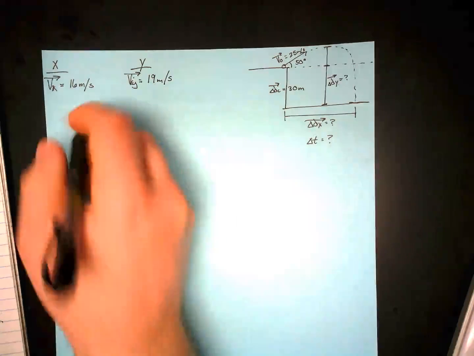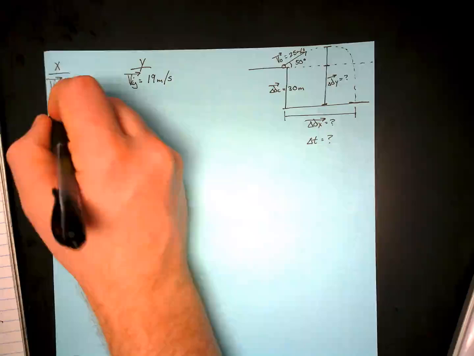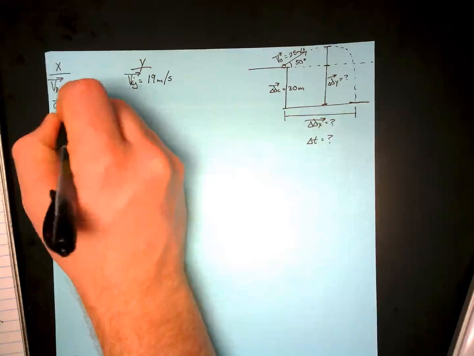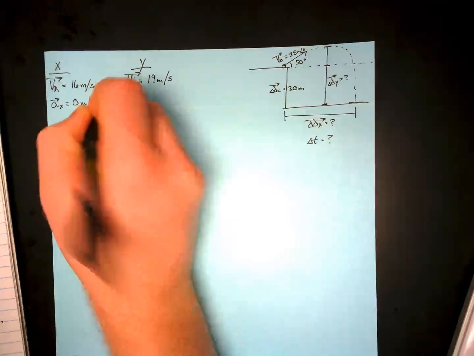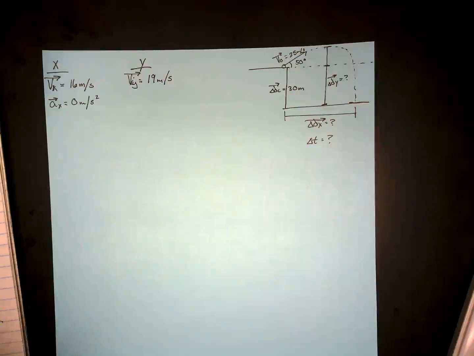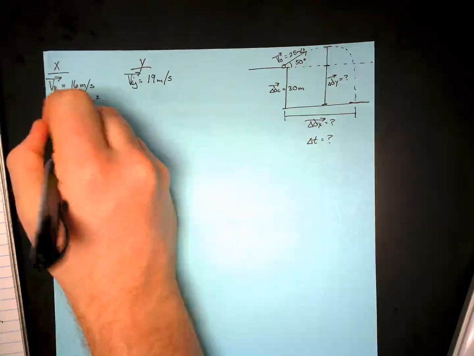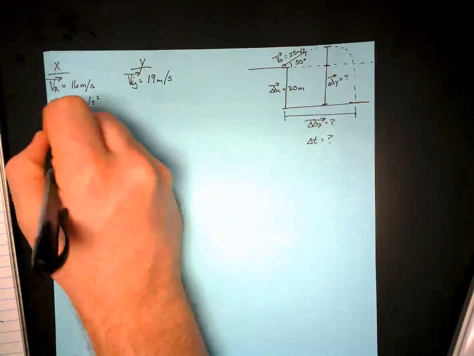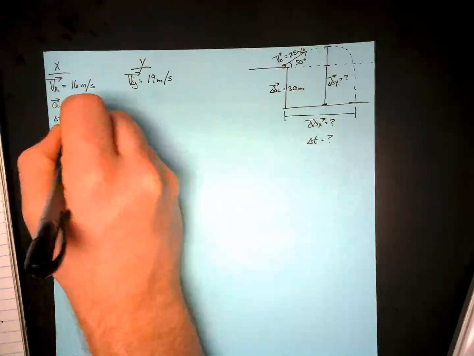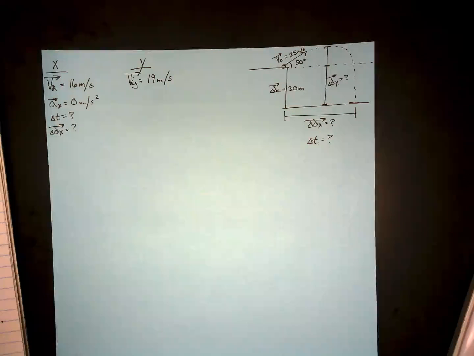Okay, what else do we have? Well, we know that acceleration on the x-axis is 0. Well, what else do we know? We're trying to solve for time and for displacement. Don't know those yet. That's pretty much all we can look for on the x-axis.